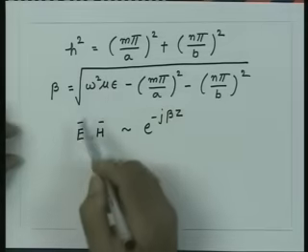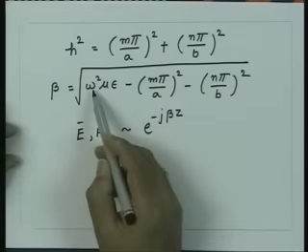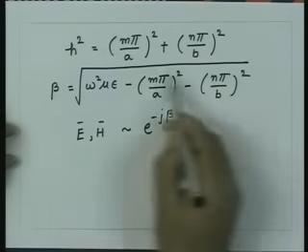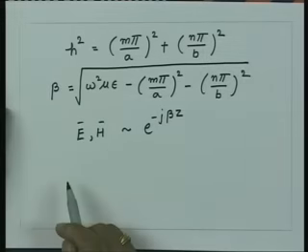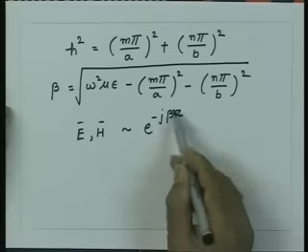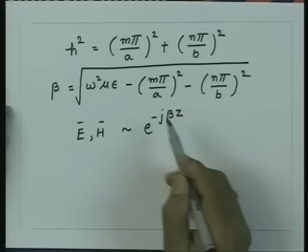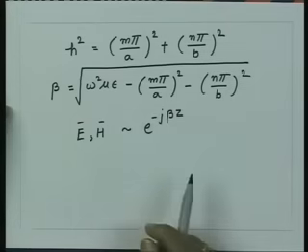If I take a frequency for which this quantity is greater than omega square mu epsilon, then the quantity inside the square root will become negative and beta will become imaginary. If beta becomes imaginary, then this does not represent a travelling wave, it will simply represent exponentially decaying fields in the direction z, that means along the waveguide, and essentially the wave propagation will cease.